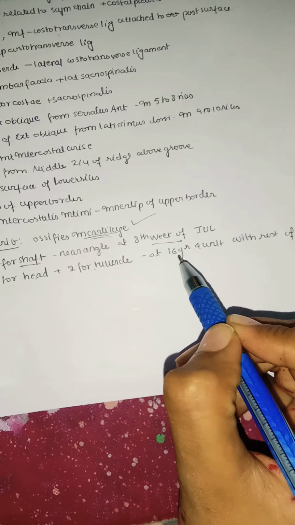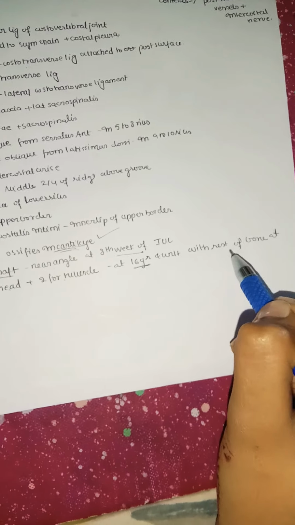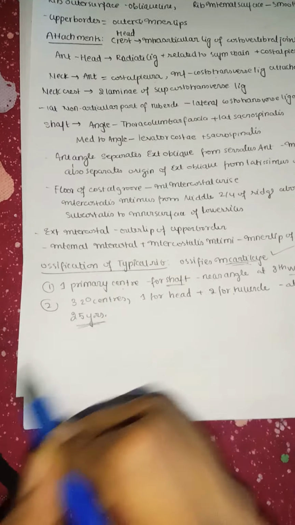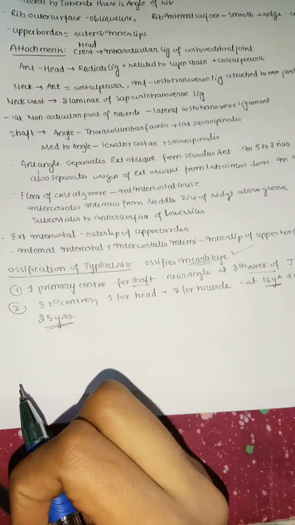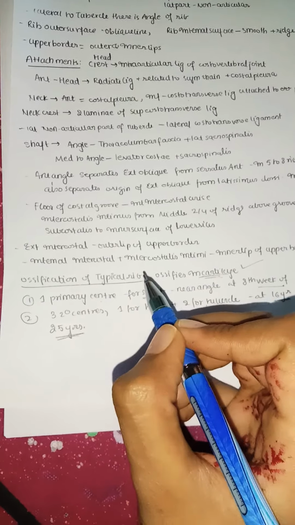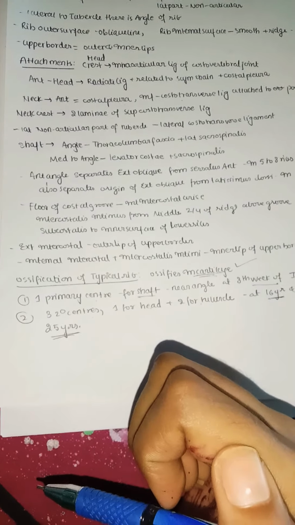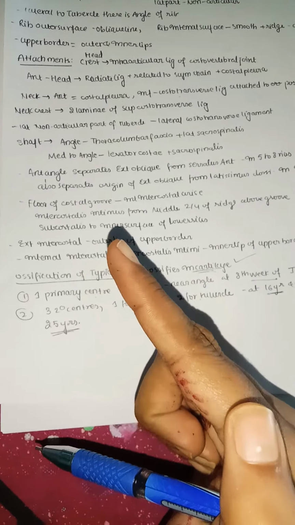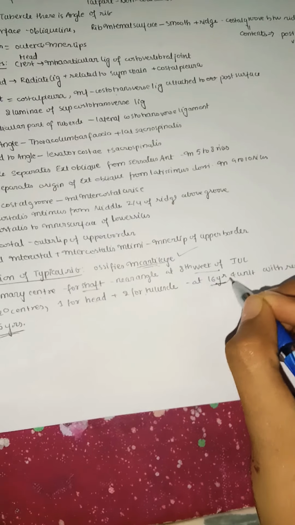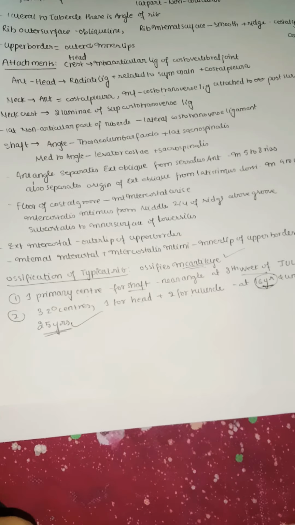They appear at 16 years and unite with the rest of the bone at 25 years. So at 25 years it completely unites with the rest of the bone. So remember, the primary ossification center is in the angle, at the third week of intrauterine life, and mainly three secondary centers are formed: two in the tubercle and one in the head, at 16 years, but later by 25 years they completely unite with the bone.